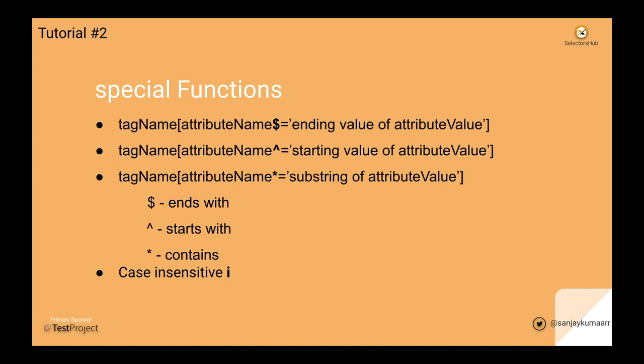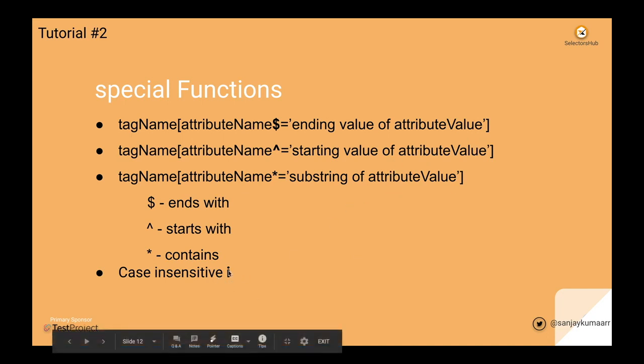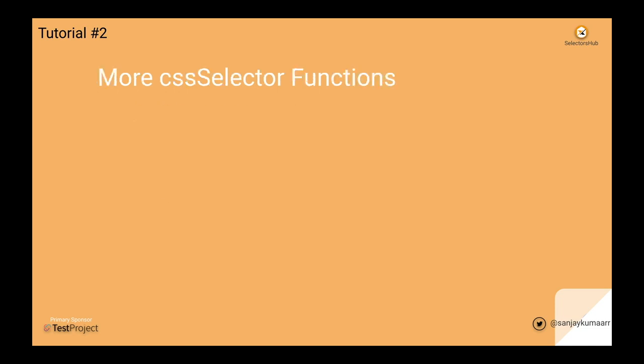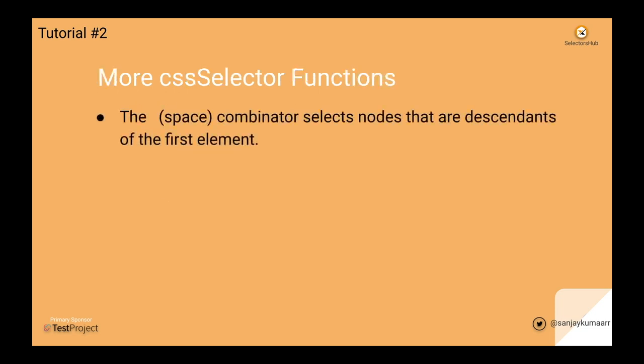And whenever you have to write a CSS selector ignoring the case, like there is uppercase, lowercase in the value, then you can use this case insensitive function I. It's a very useful and very small function. I will show you all the use cases, don't worry about that. For now, we'll walk you through all the XPath functions. There are more functions in CSS selectors, sorry, not XPath. Wherever I'm saying XPath, it's CSS selector basically.